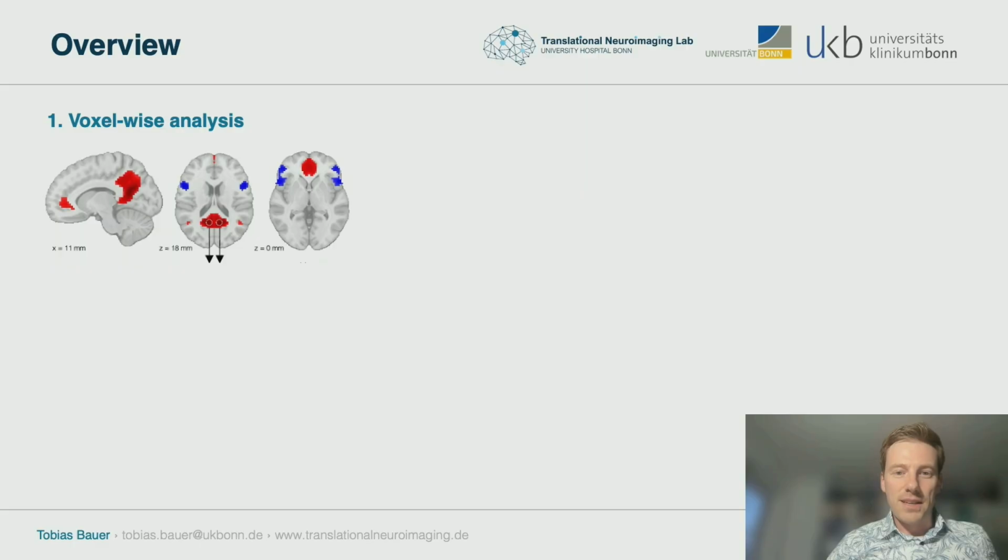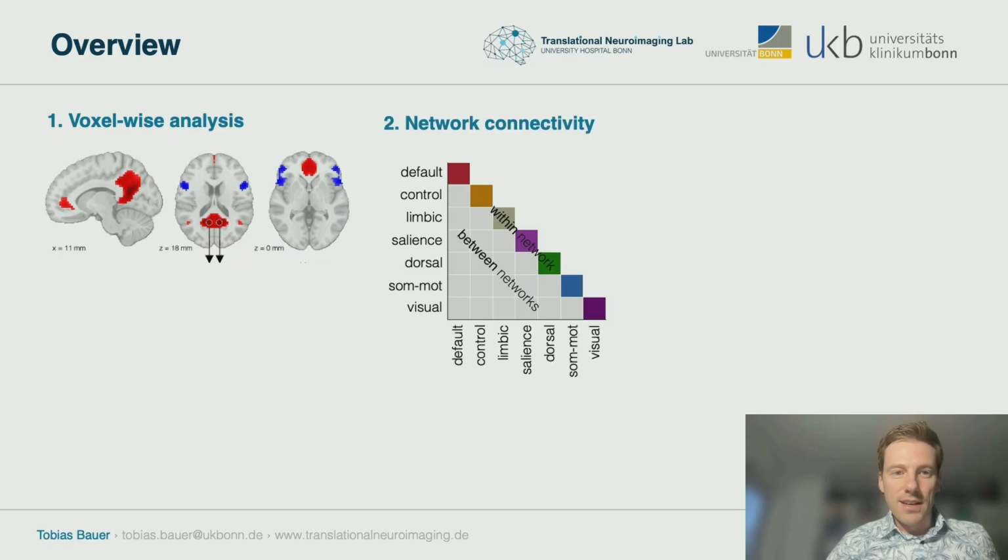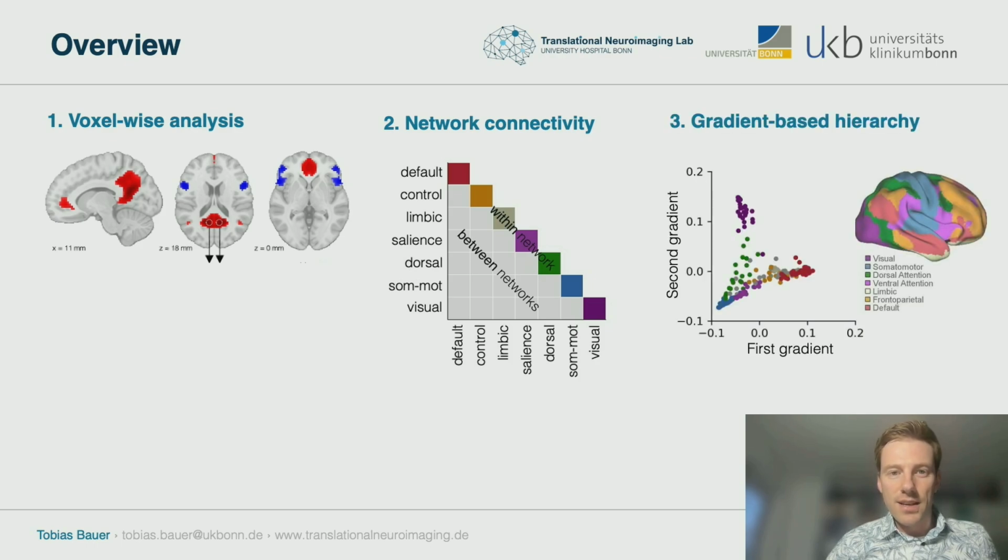The first analysis is a very basic voxel-wise analysis, where we looked at patterns of activation and were actually looking for a basic default mode network in those brains. The second step is where we constructed a network model using the correlation coefficients between pairs of nodes that were then ordered into networks.